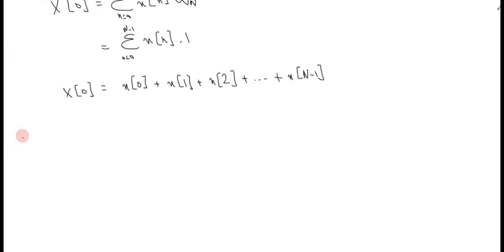Similarly, for k equal to 1, your sample of the discrete Fourier transform at k equal to 1 will become W N raised to power 1, which is k, into n.